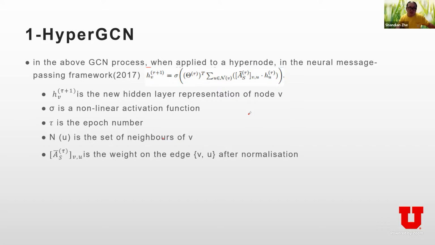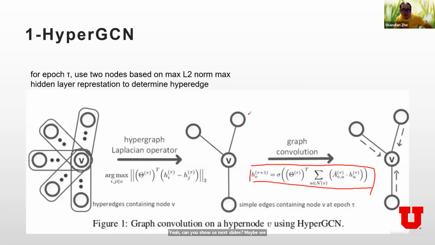Can you show us the next slides? Maybe we can figure it out together. For example, one node V is connected by 5 hyperedges, but it can only represent three hyperedges now after the simplification. And this is the actual function they use.